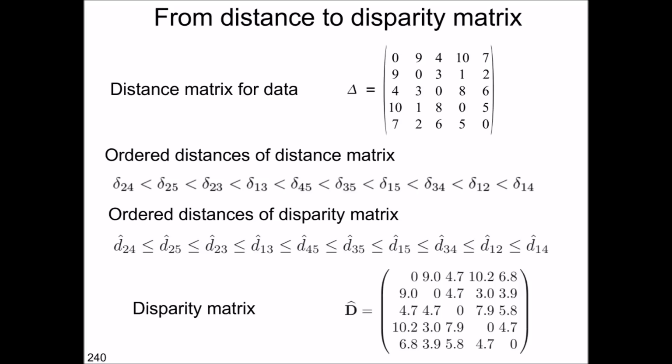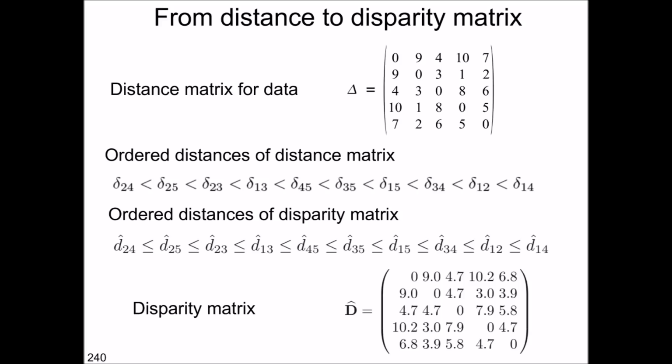Now this slide shows again that the ordered distances of the disparity matrix now approximately fulfill the ordered distances of our original data distance matrix, except for the fact that we allow for lower or equal than the other distance.